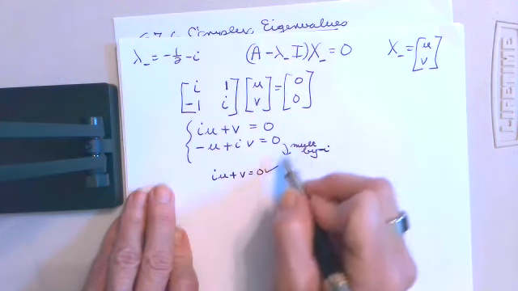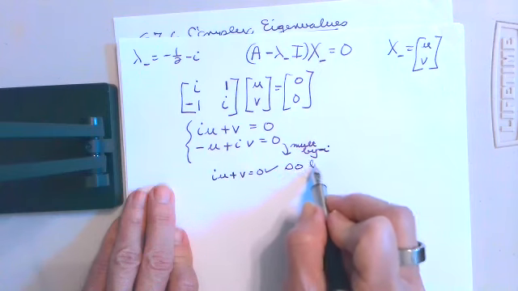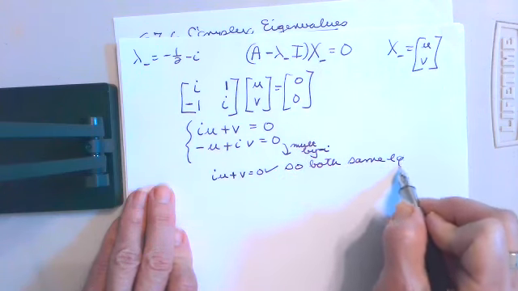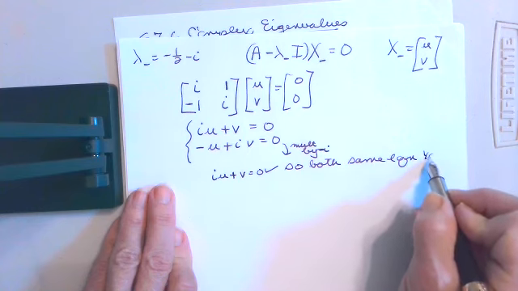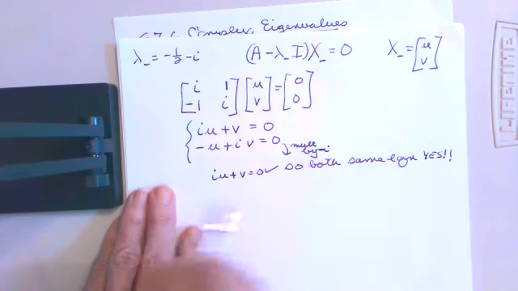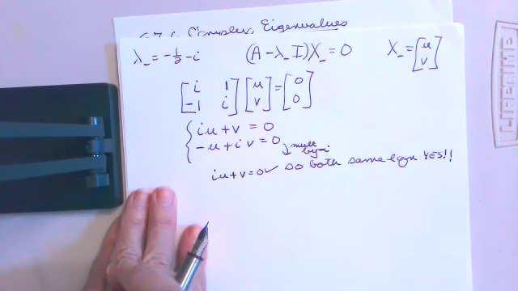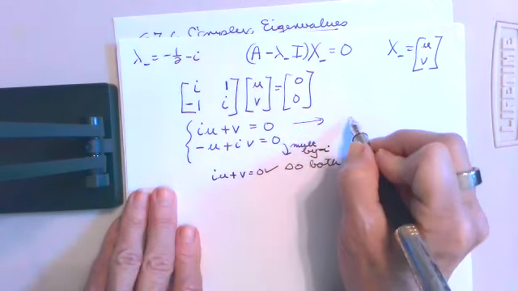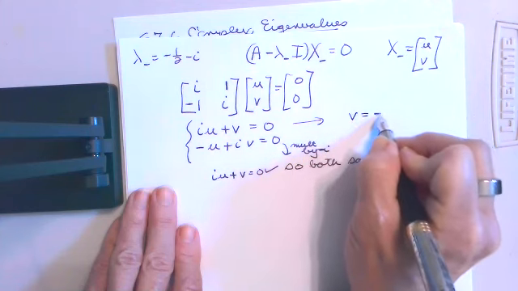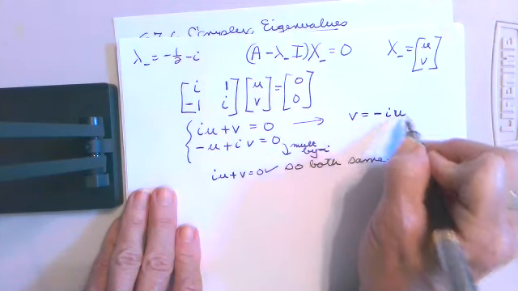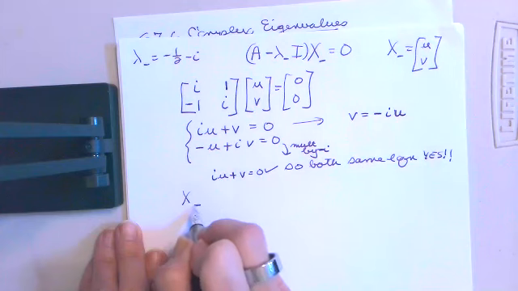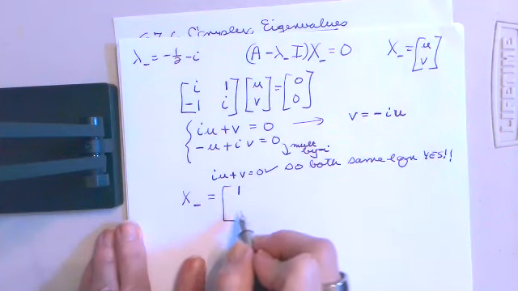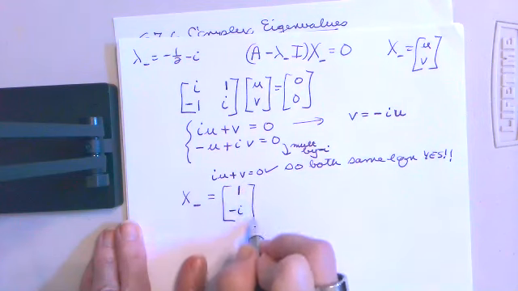So these are the same. You need that, or else you've done something wrong at this point. So from this one, v is going to be minus I times u. So an eigenvector for lambda minus could be, choose u equals 1, and then v is minus I.